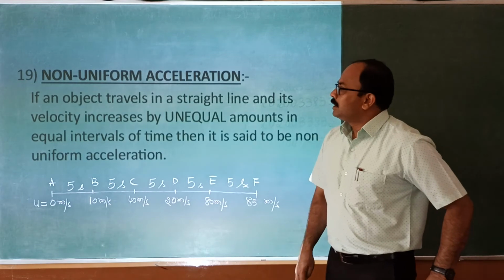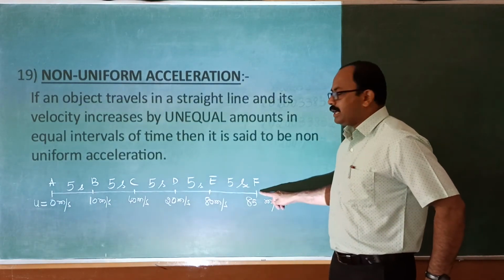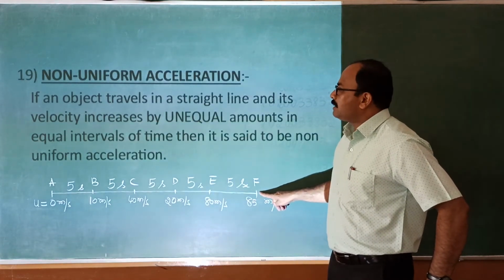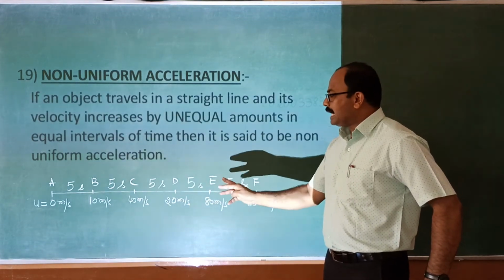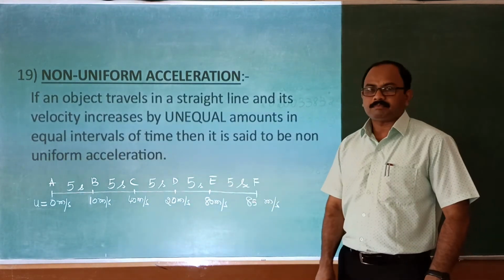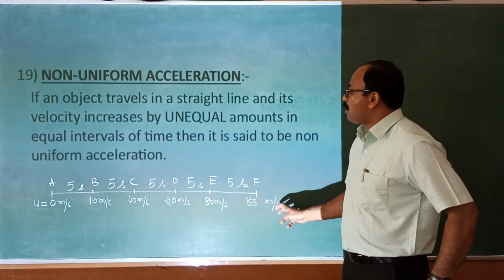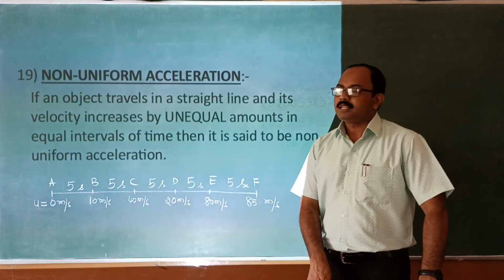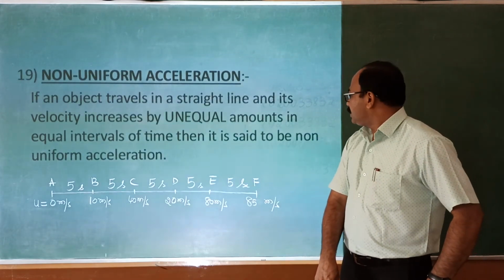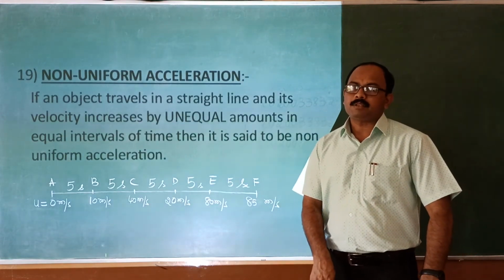Therefore, if an object travels in a straight line and the velocity increases by unequal amounts in equal intervals of time, then it is called non-uniform acceleration.